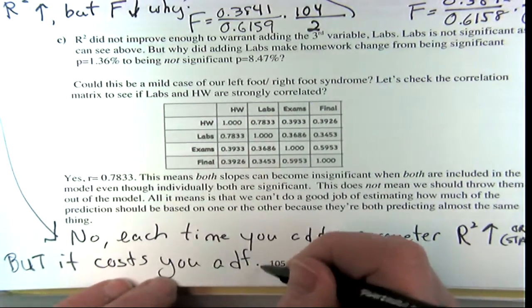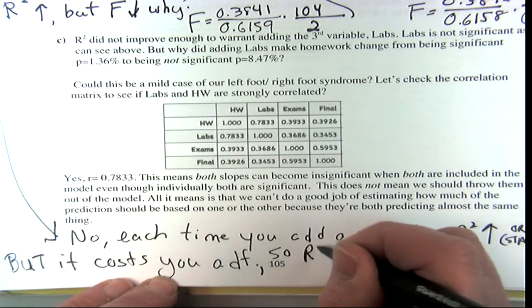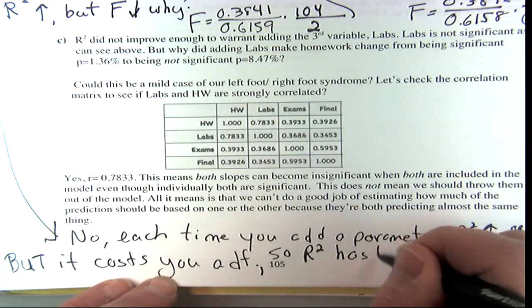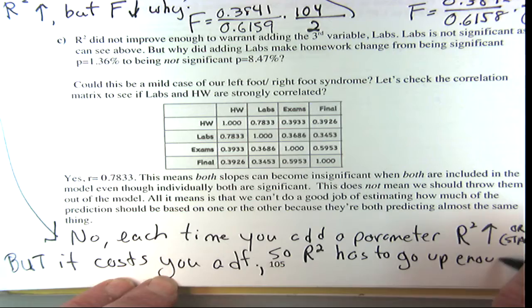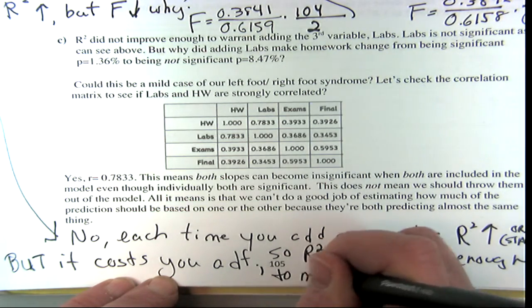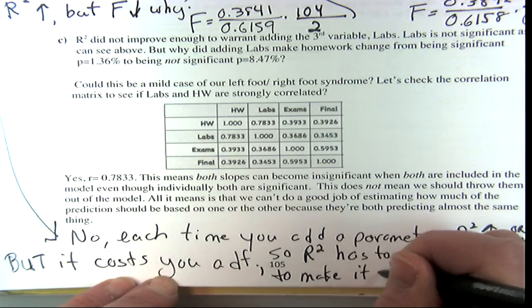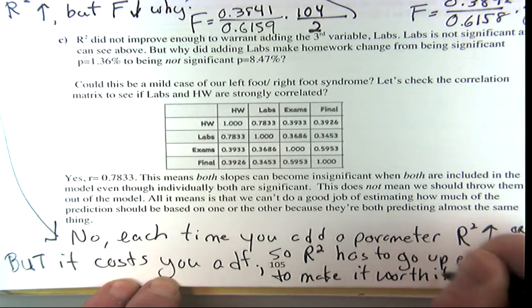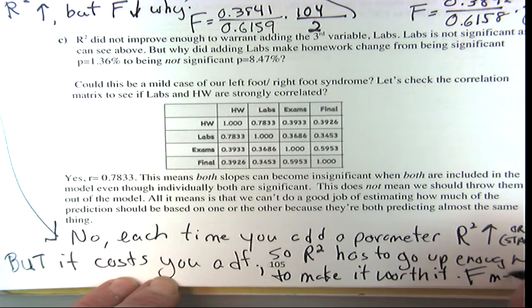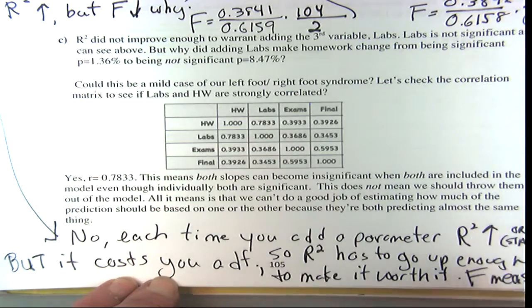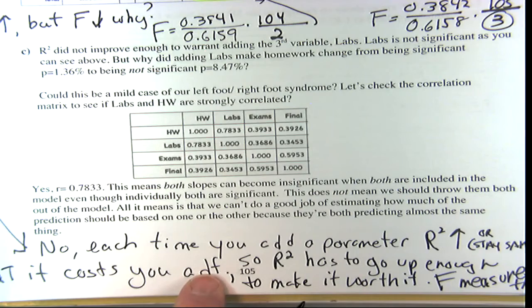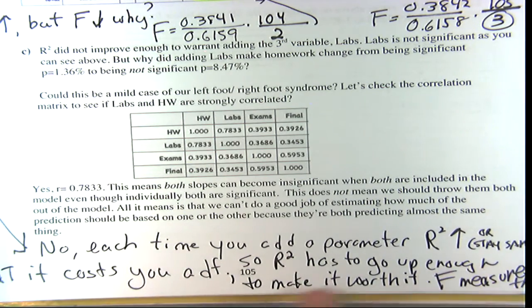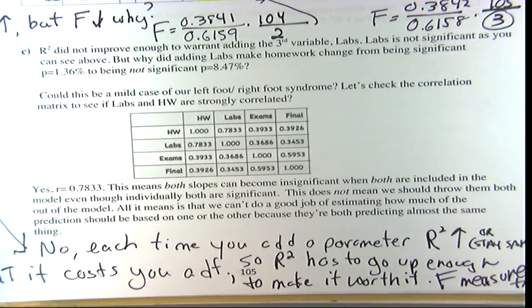So R squared has to go up enough to make it worth it. So F measures that. Can you see what that says? F measures that, but it costs you a degree of freedom. So you want your R squared to go up enough to make it worth it, and F takes that into consideration.